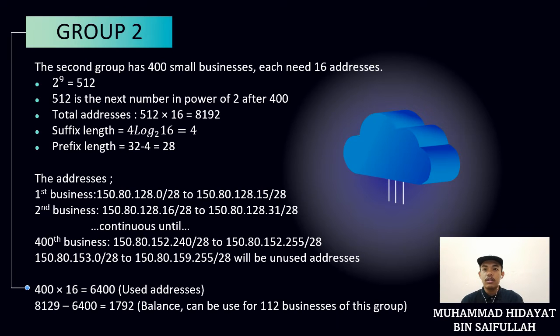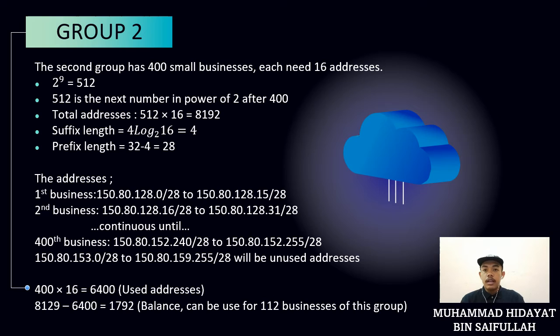It will continue until the 400th business. For the 400th business, we get 150.80.152.240/28 to 150.80.152.255/28. Then 150.80.153.0/28 to 150.80.159.255/28 will be unused addresses.